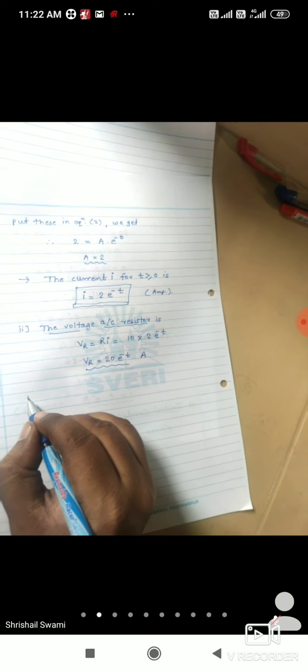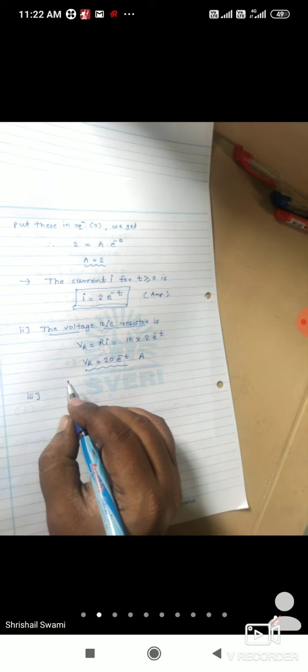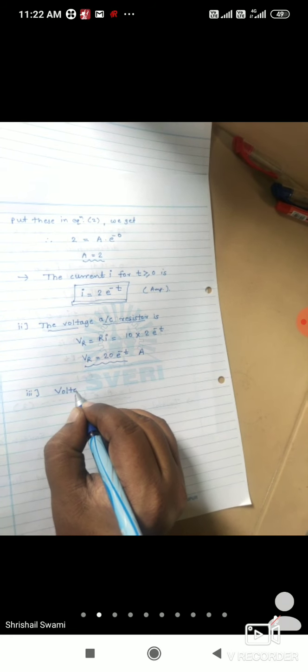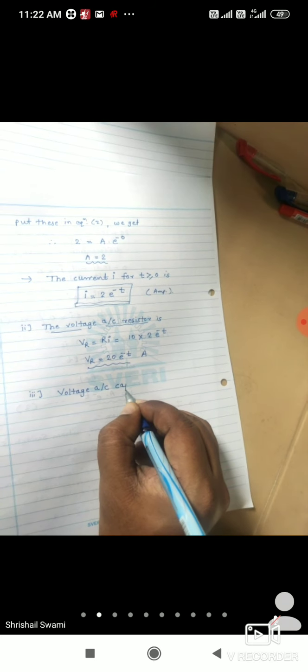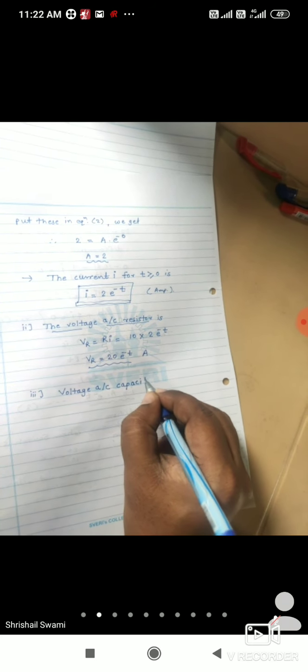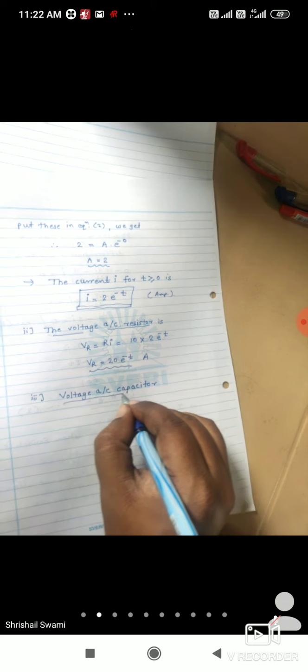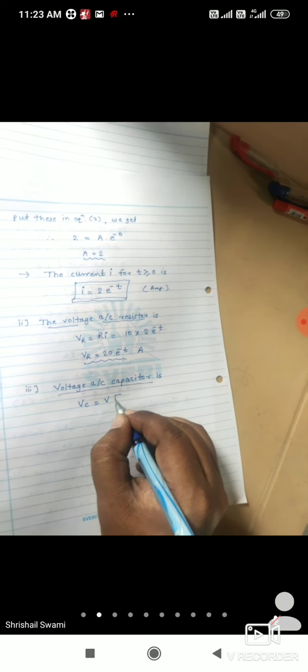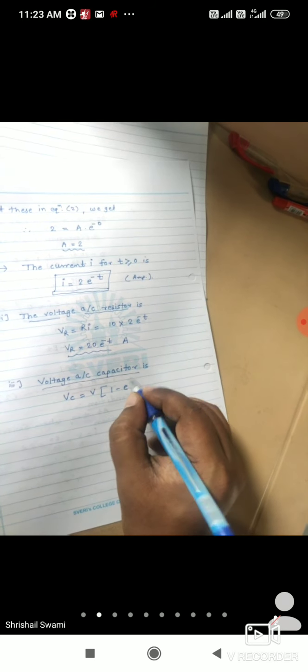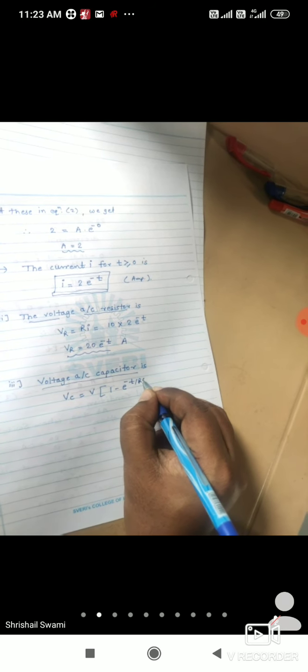Okay. Next, third one, the voltage across the capacitor. You can use the formula directly, or you can use the integration method. The voltage across the capacitor is Vc is equal to V into 1 minus e raised to minus t divided by RC. So this is the formula we already got in the derivation.